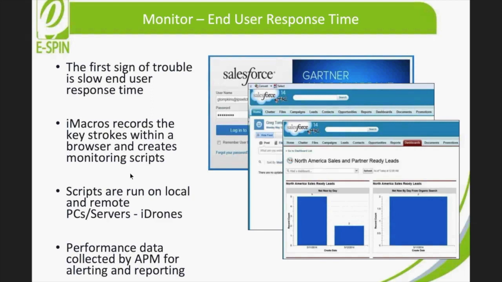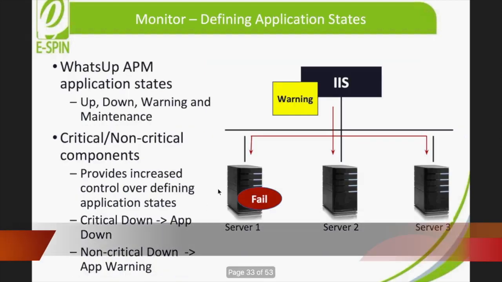It creates a monitoring script, which will actually log in and create a map for you to know the end user response time. So you may use it as part of your monitoring to know whether there is any end user experience problem.